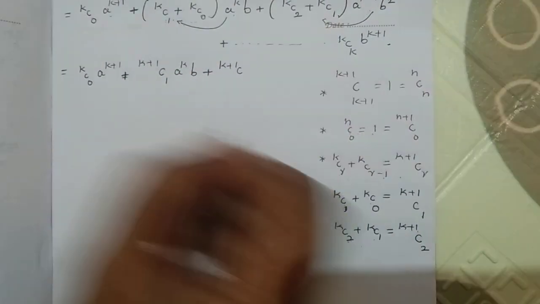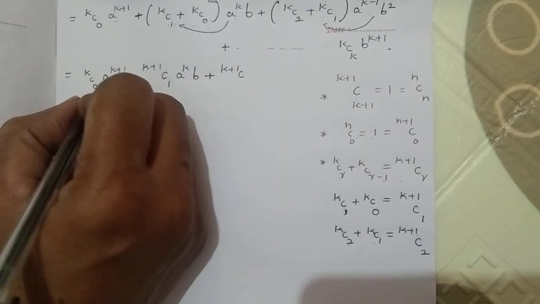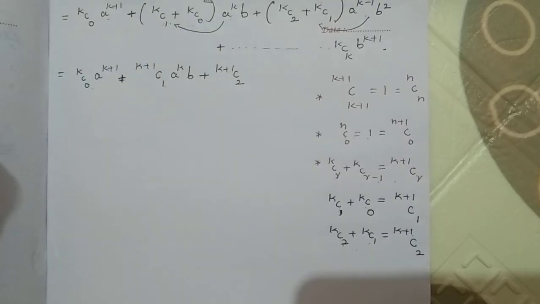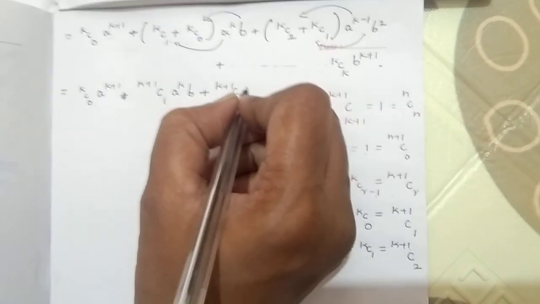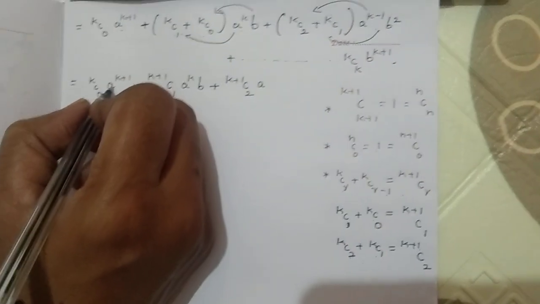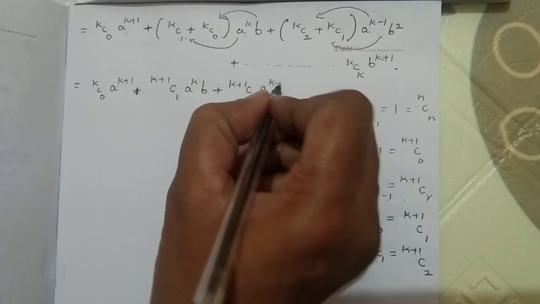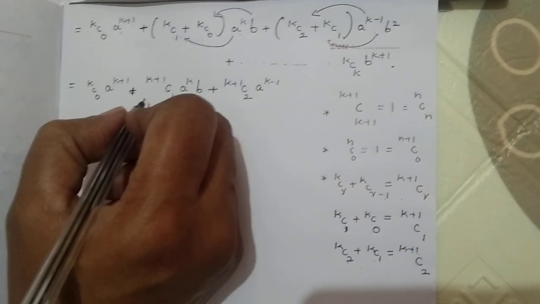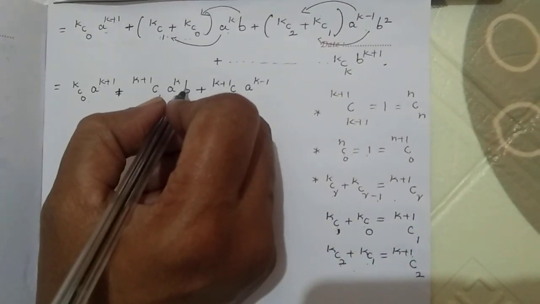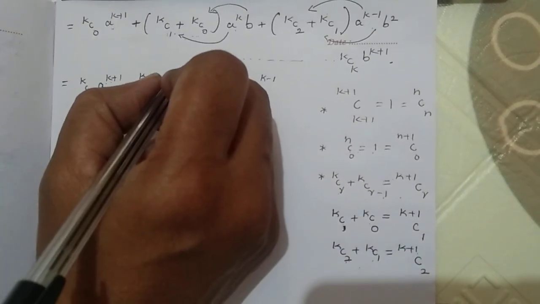If you get confused, you can see the series 0, 1, and the next value is 2; undoubtedly you can continue. Then observe the first variable, the power of a, which is decreasing: k plus 1, k, k minus 1, and so on.